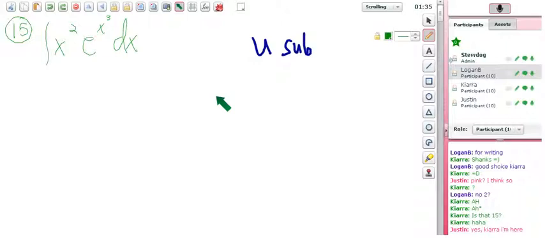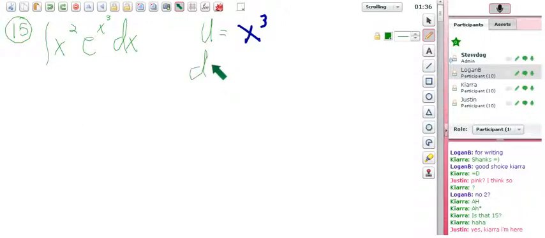Okay, that's Logan, so what would you make u be equal to? x to the third, good. So if u is x to the third, then du is 2x dx.